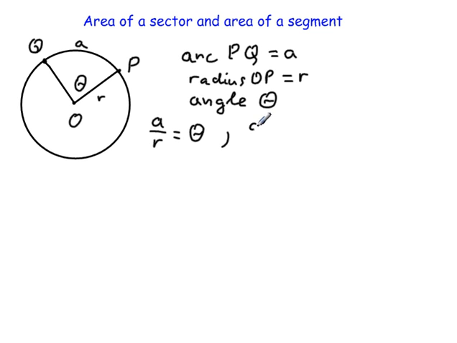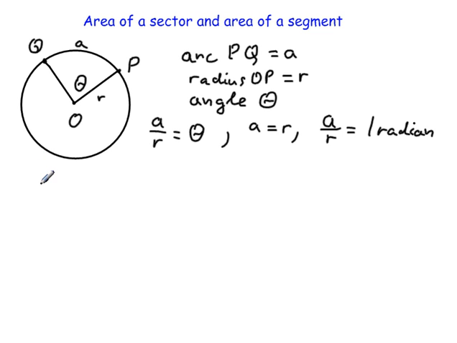When arc A is equal to radius r, then that angle A over r represents 1 radian. Only when the arc A is equal to the value of the radius r. So that's it. That is very important.